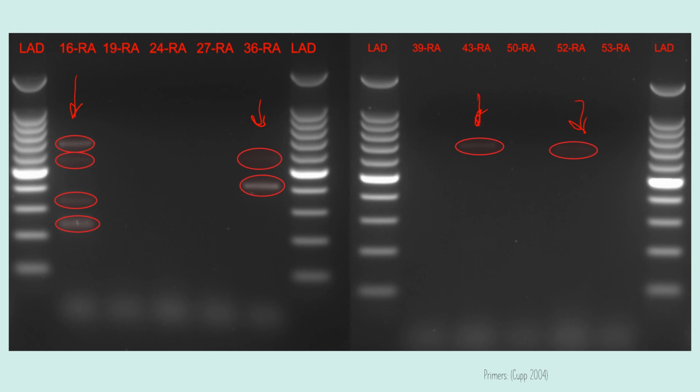And even though we don't have a positive control for this primer set, we know that some of these bands, like this one here and this one here and this one as well, are all the same size. So we can say that it is possible that these mosquitoes, number 16, 43, and 52, actually fed off of a reptile or an amphibian.